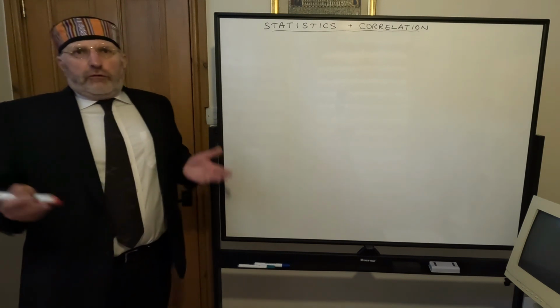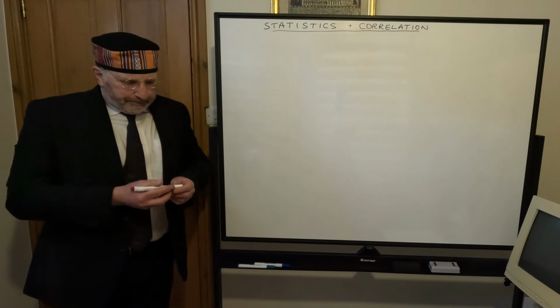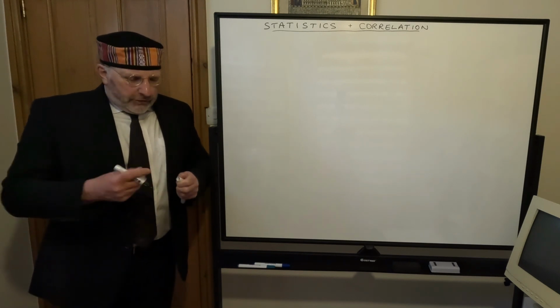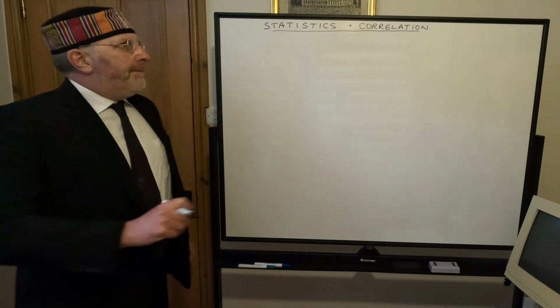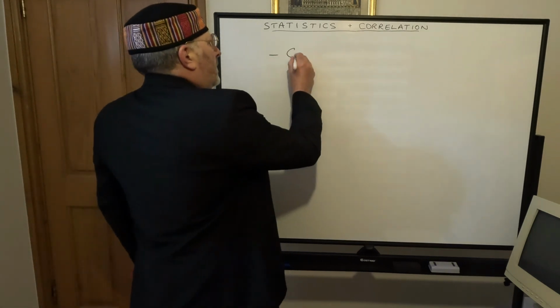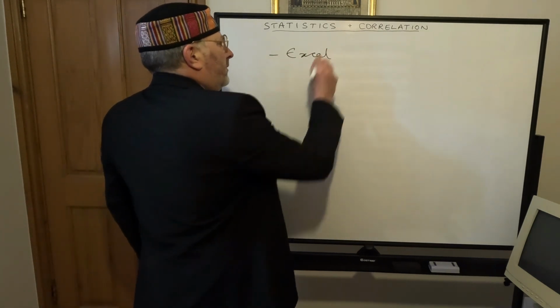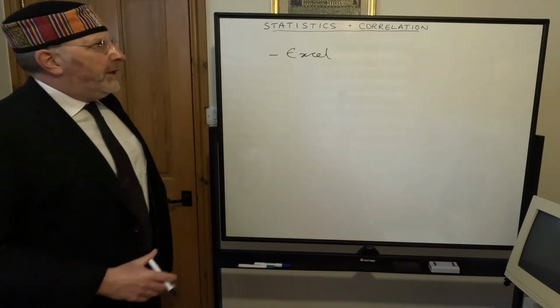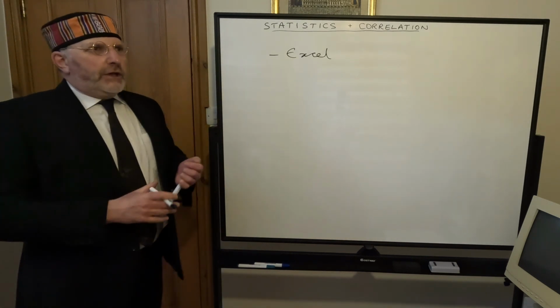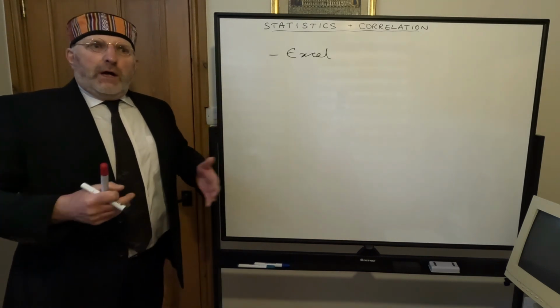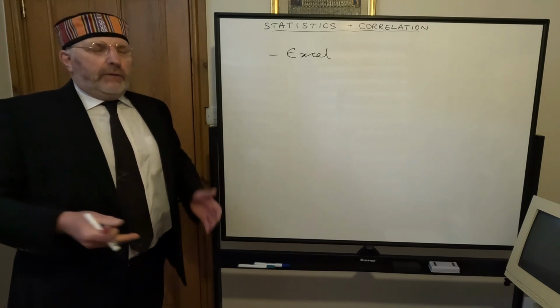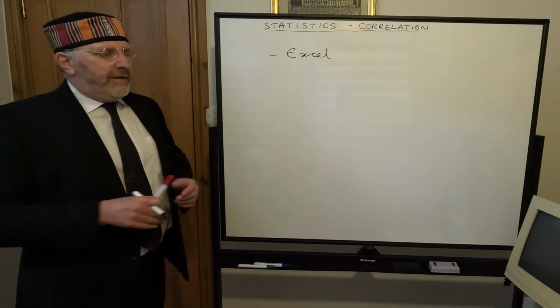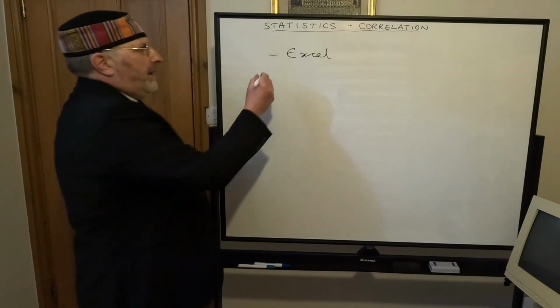You would use statistical software to do it for you. And you've got three options there. The first one, which is the main one that I would use, is an Excel spreadsheet. It's got lots of statistical functions built into it, and it's fairly easy and intuitive to use.